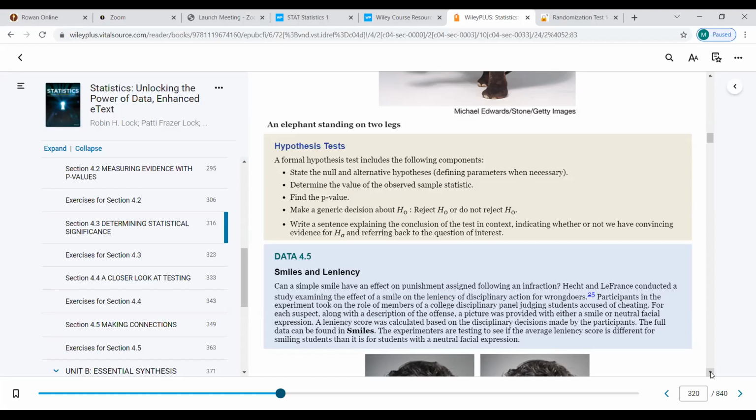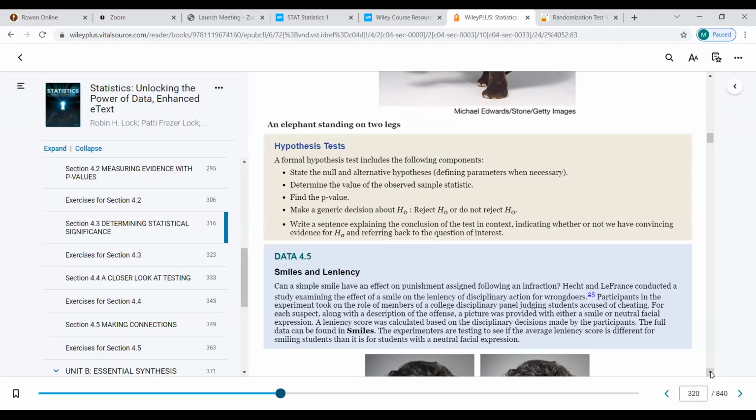And the homework will teach you how to use the proper symbols for stating the null and alternative hypothesis. So that's going to be step number 1 out of those 6 steps. One of the steps is going to be determining the p-value, and another step is going to be determining the decision, comparing the p-value to the alpha, all right? And then therefore we're going to reject or do not reject the null hypothesis.